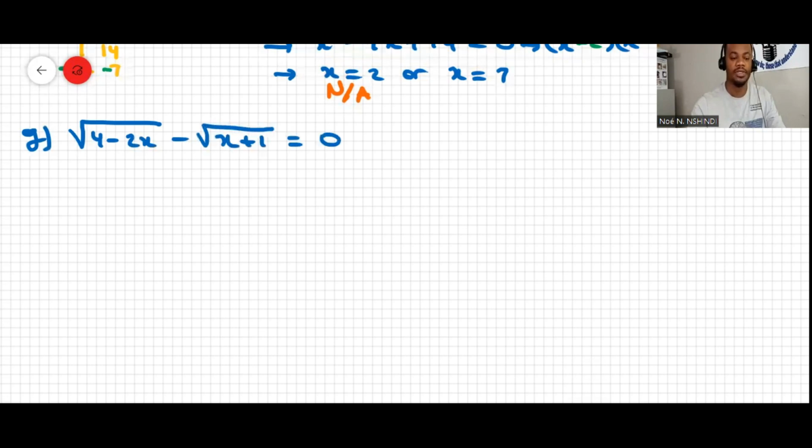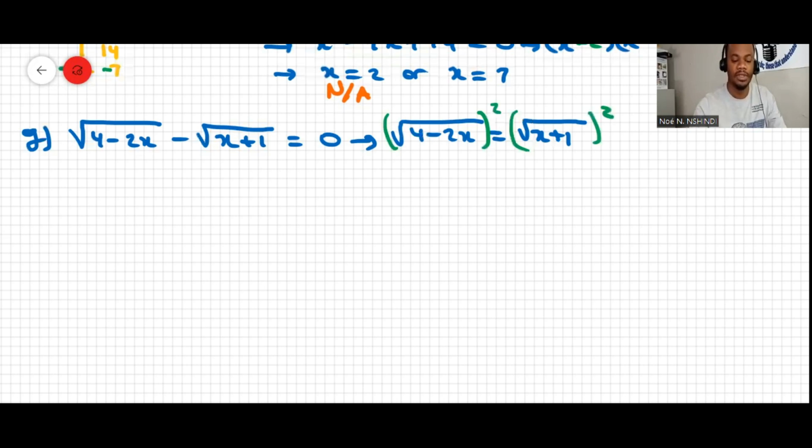Okay, so we can just move this root over, and this makes the square root of 4 minus 2x equal to the square root of x plus 1. Then we will set this to the power of 2, the left and right side to the power of 2. Then with the power of 2, we cancel the roots.